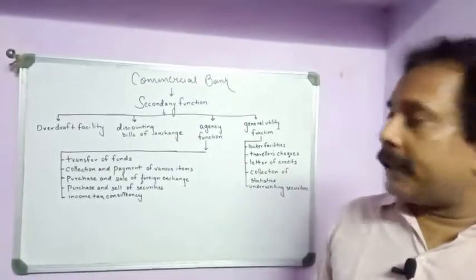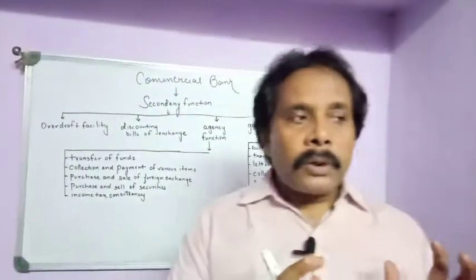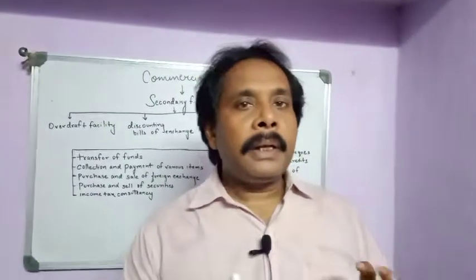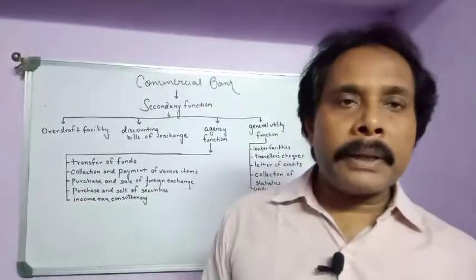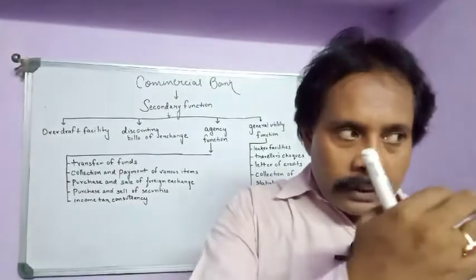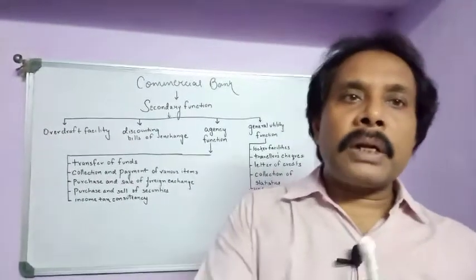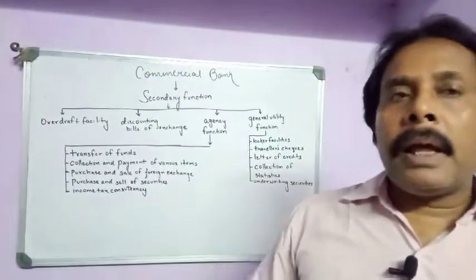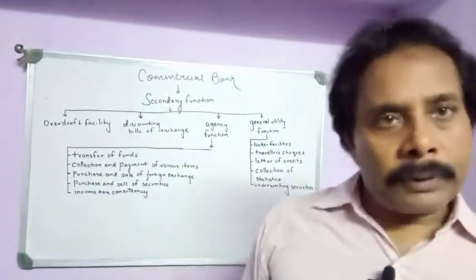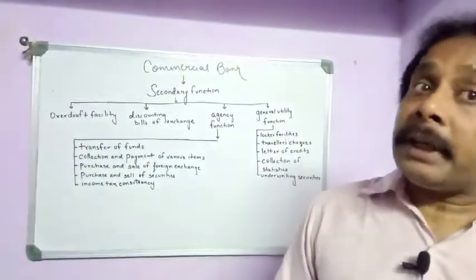In that case the person who holds the bill goes to the bank, and the bank charges some amount, which is known as discounting the bill, and makes the payment to the person before the maturity date.